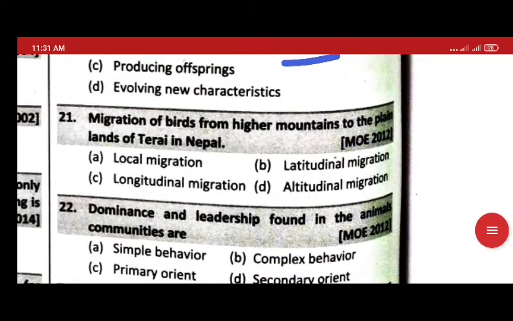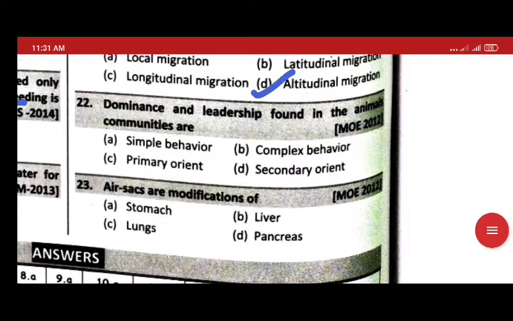Now question number 21. Migration of bird from higher mountain to the part of land of Tarai. So from mountain to Tarai is given. That is called altitudinal migration because it is due to altitude. Now dominance and leadership found in animal communities are which type of behavior?